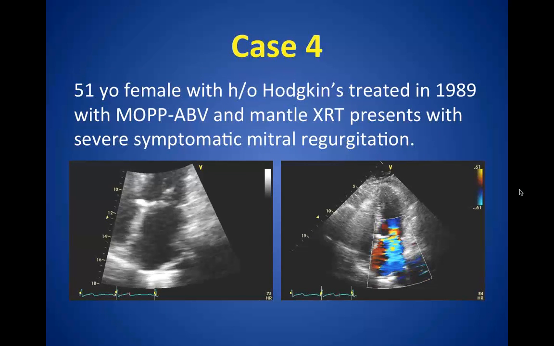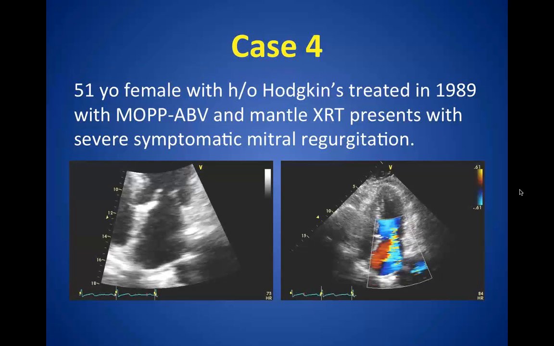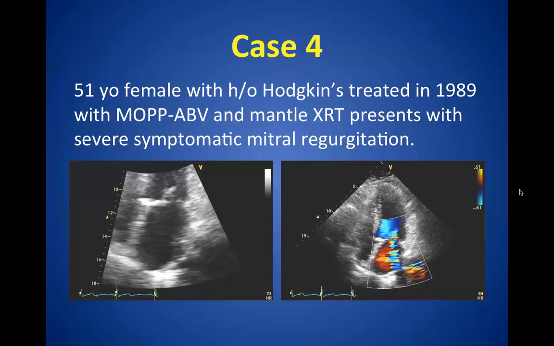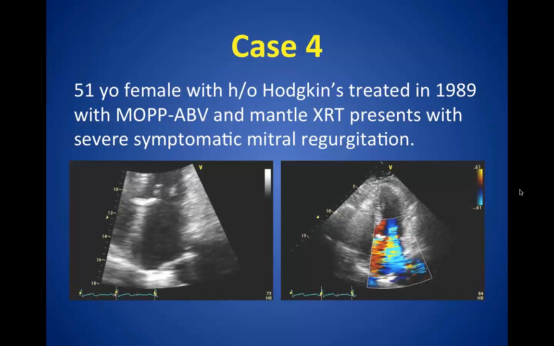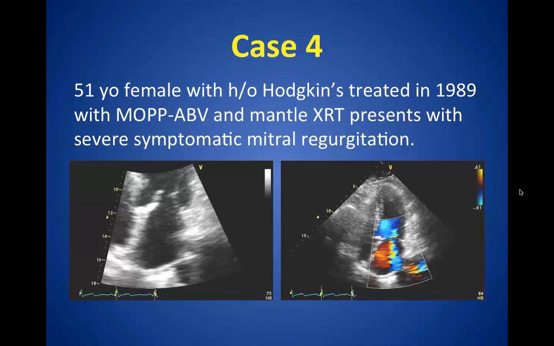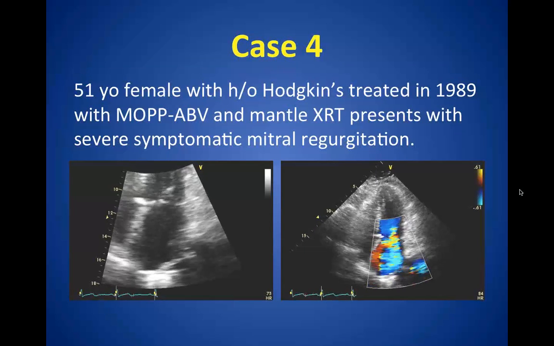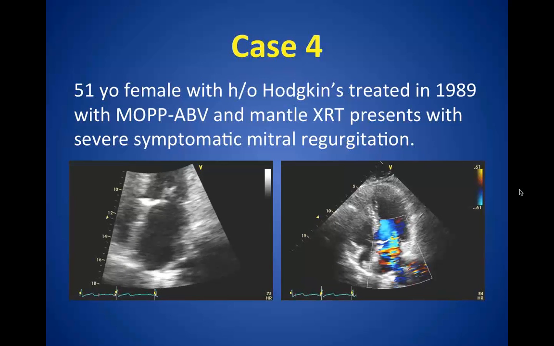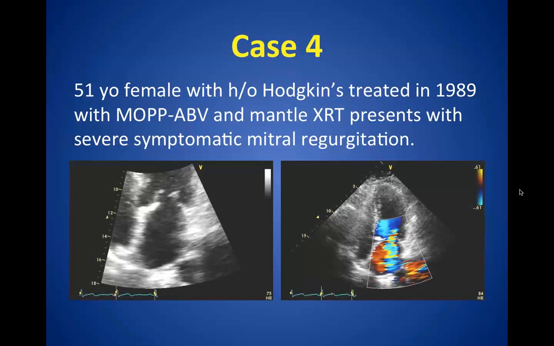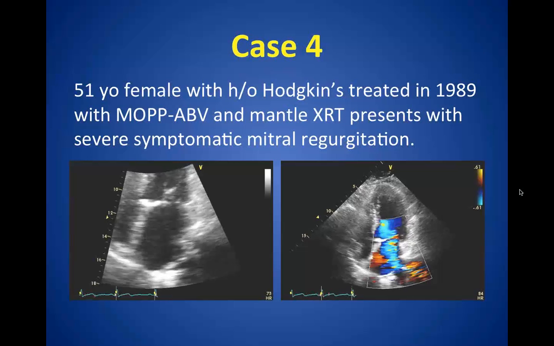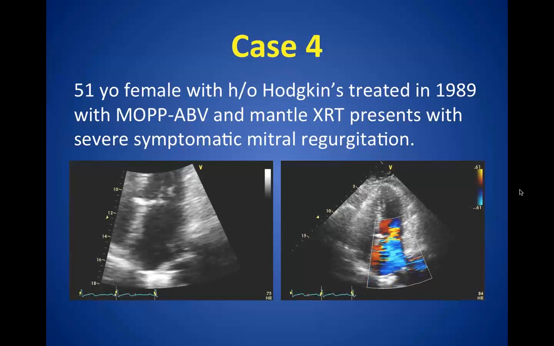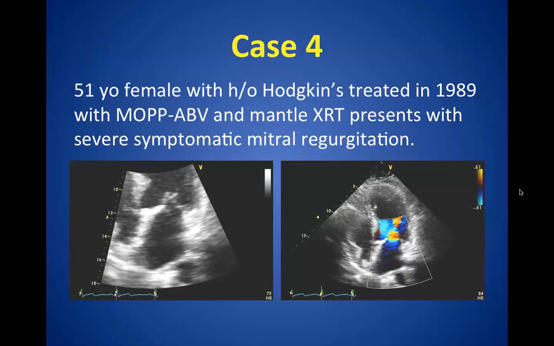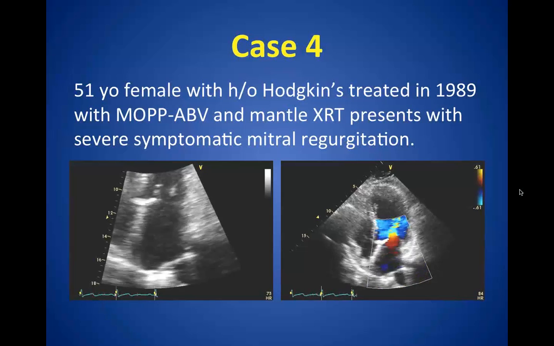The echo image is a 4-chamber apical view and a zoomed-in view of the mitral valve. We see the changes to the mitral valve structure due to the prior radiation treatment. We see this calcification along the anterior base of the anterior mitral valve, as well as the mitral valve leaflets are both very thickened and tethered.